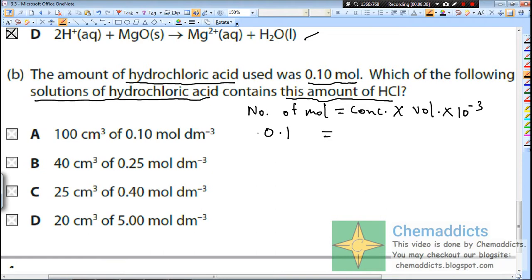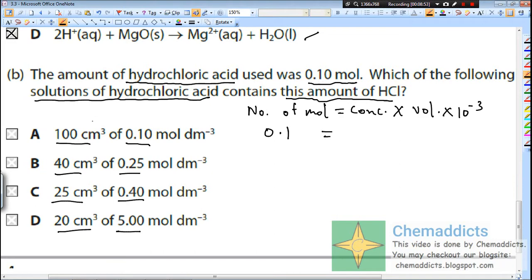Well, so here if we multiply the concentration that is given over here with each volume, then we will end up getting 0.1 mole, since the number of moles should be 0.1 mole.